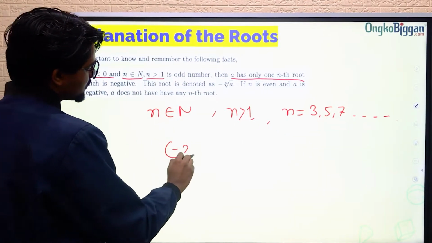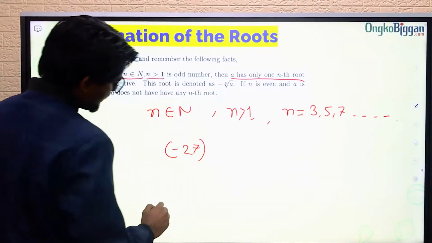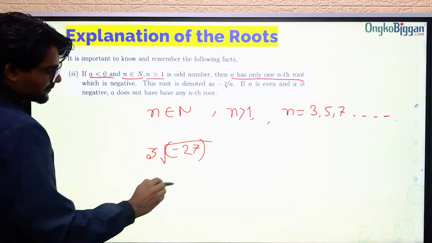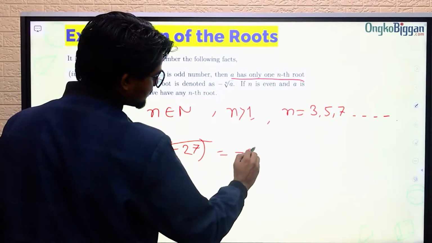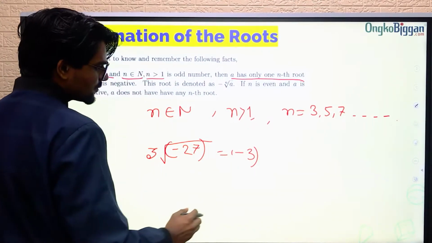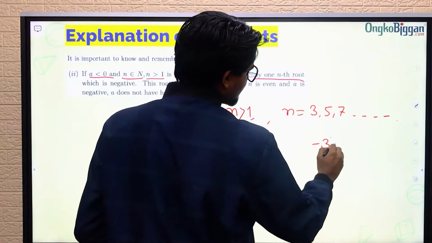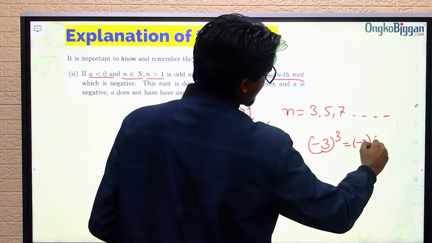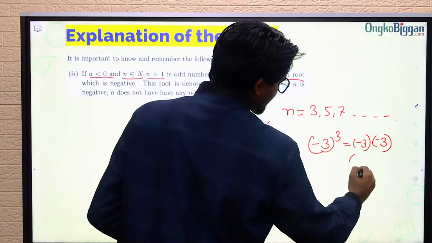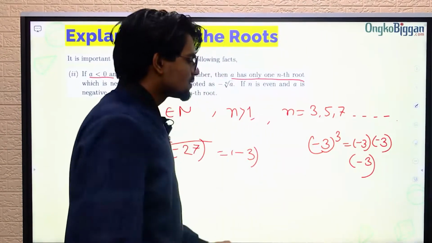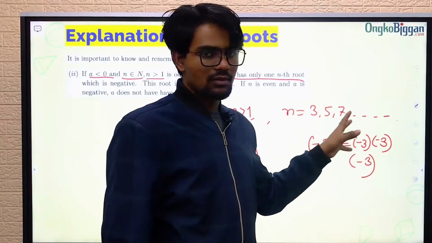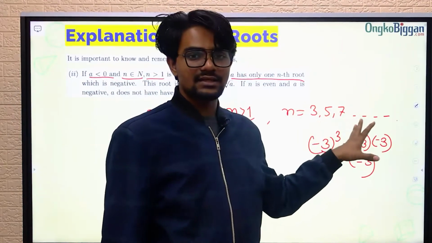So a can be written as minus 27, and if we cube root it, we get the value of minus 3, because we know that minus 3 cubed equals minus 3 into minus 3 into minus 3. So minus 3 into minus 3 is equal to 9, because the minus gets cancelled out.